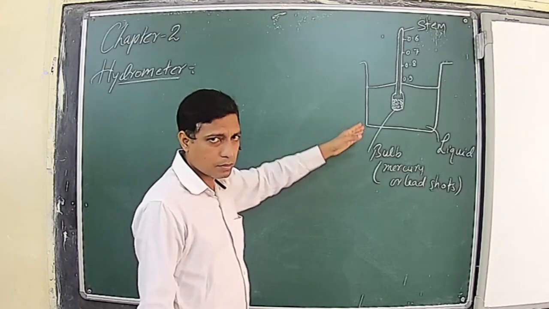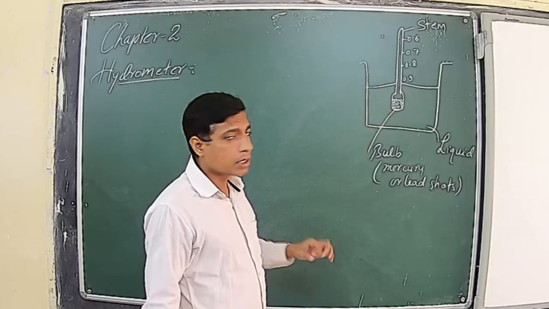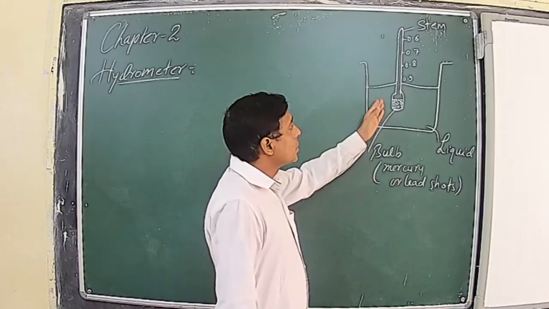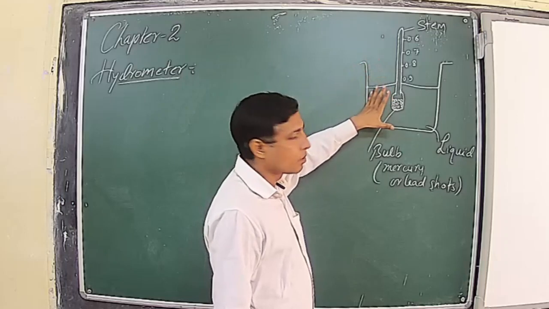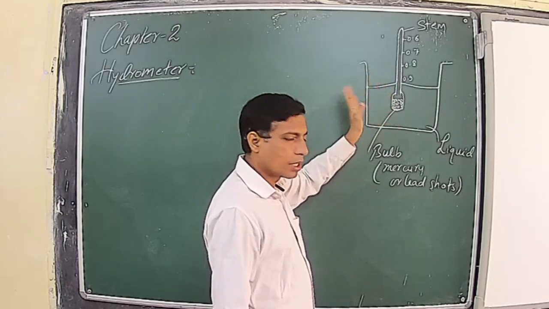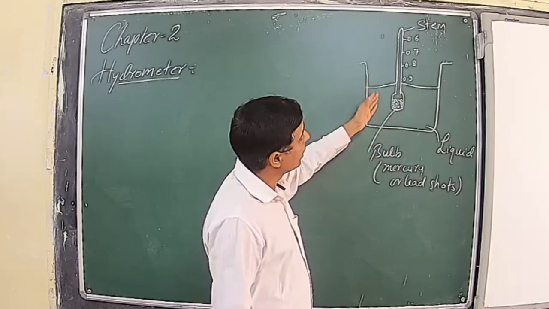You will take a vessel, pour the liquid inside it partially, then insert the hydrometer. When you insert it, it will first start sinking and finally it will stop. Neither is it going downward nor is it shaking, and that is the equilibrium condition.